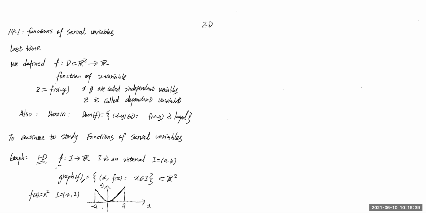And then let's look at the 2D case. Now we have a function f from D to R, where D is in R2, so we can say (x, y) is in R2. We define the graph of f as the triples (x, y, f(x, y)).